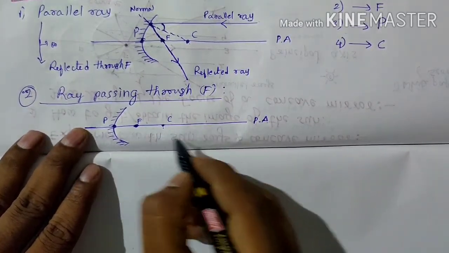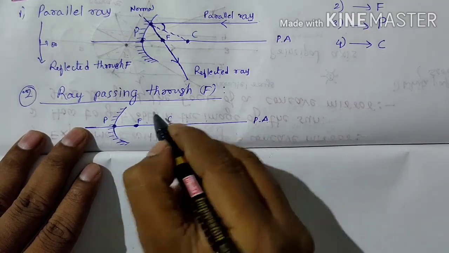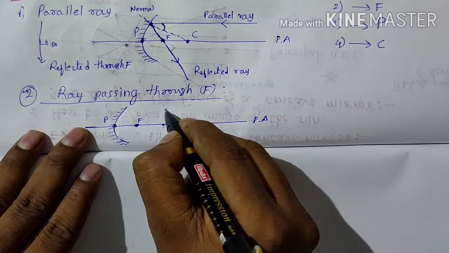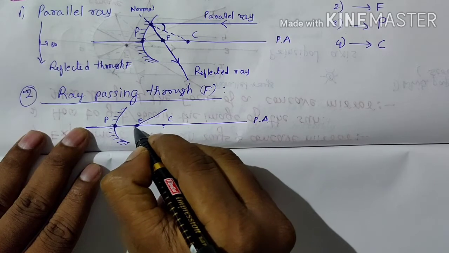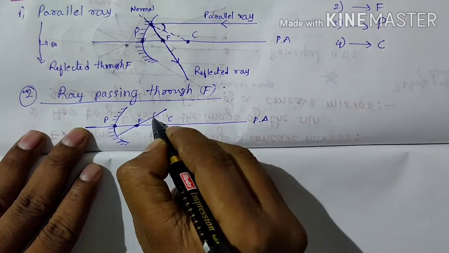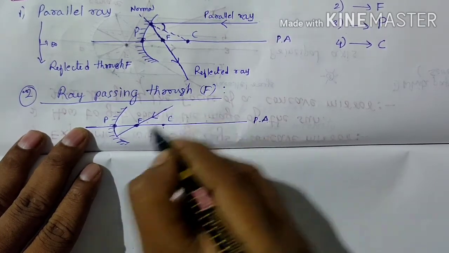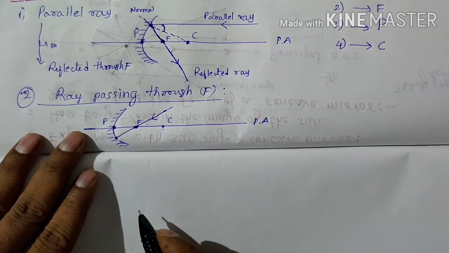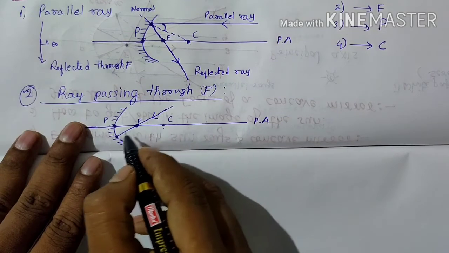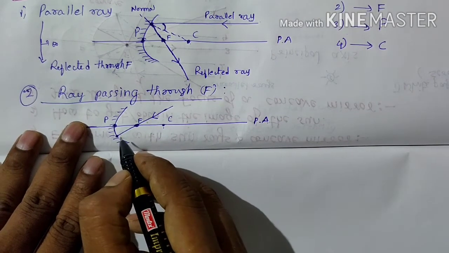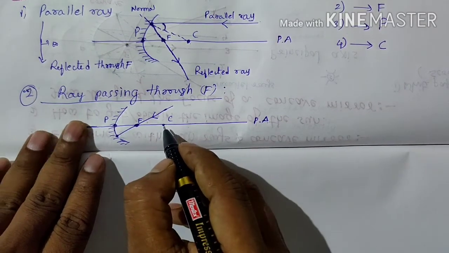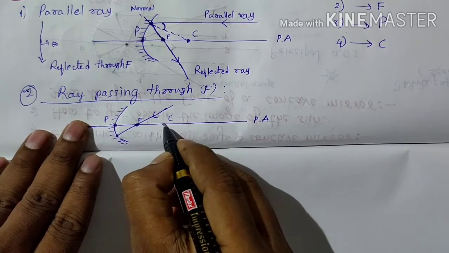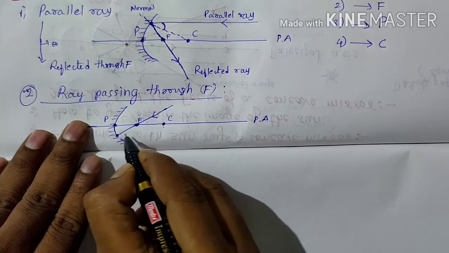So I am taking a ray from here. This is the ray passing through focus, incident here. After drawing the incident ray, you have to draw the normal. What is the normal here? You have to draw a line from the center of curvature to the point of incidence.